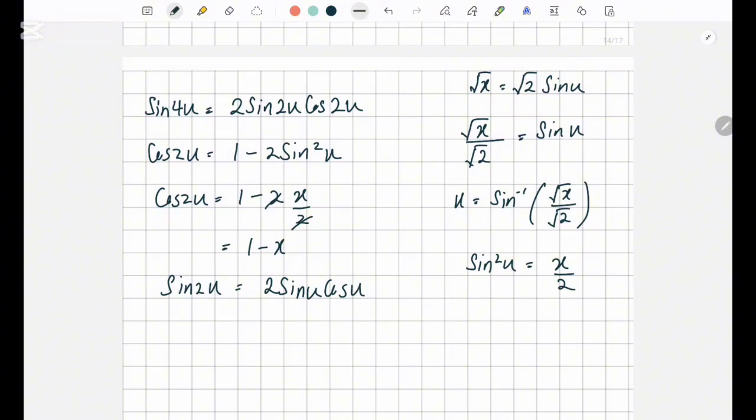So if sine u equals root x over root 2, what's cos u?